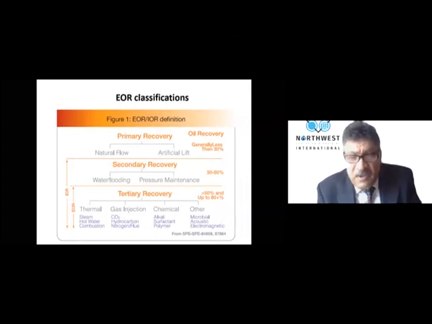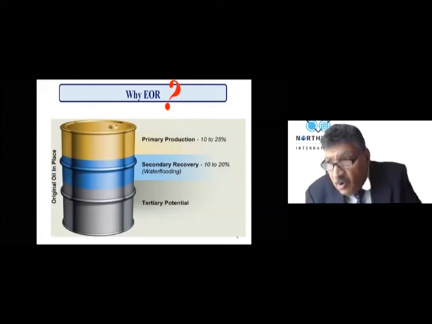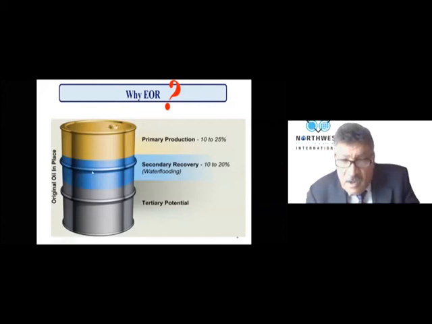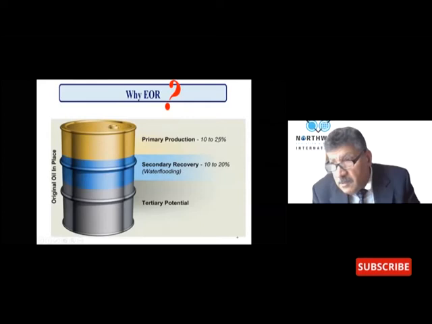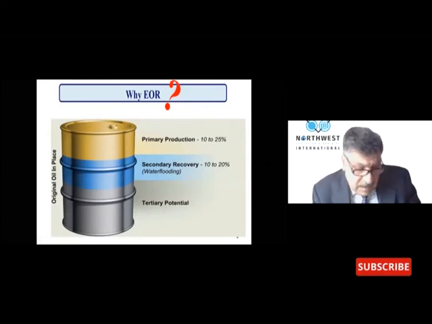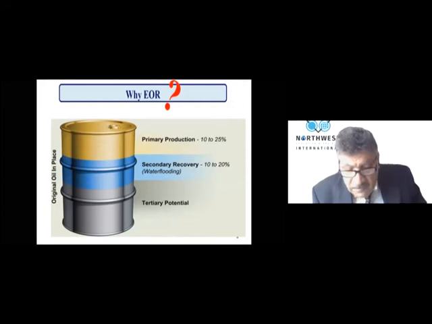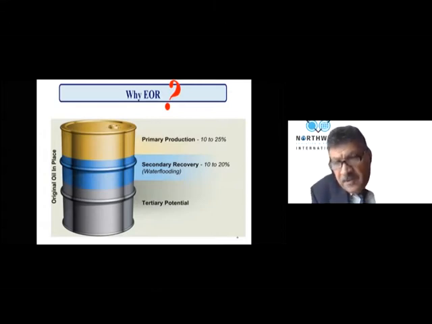So at the end of the day, if you imagine your oil reservoir as a barrel of oil, that's the initial oil in place. From natural energy, you can recover up to 25%. So if I have a field, whatever field in India, maybe offshore Mumbai Bay, or something near the Chennai area, and the oil there is, let us say, 100 million barrels under the ground.